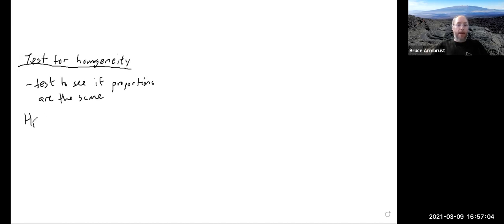But the null hypothesis in any case when we're doing a test for homogeneity is that all the proportions are equal. Okay, so all the proportions are the same, which then means the alternative hypothesis is at least one is different.